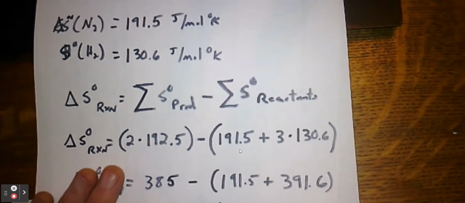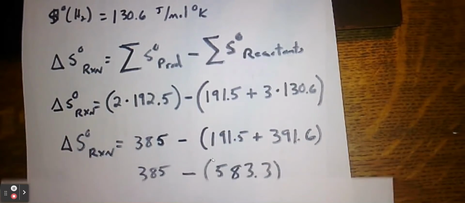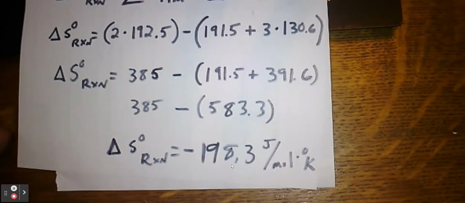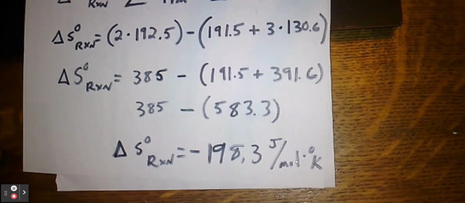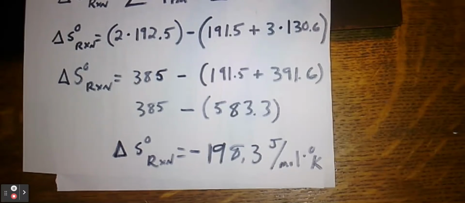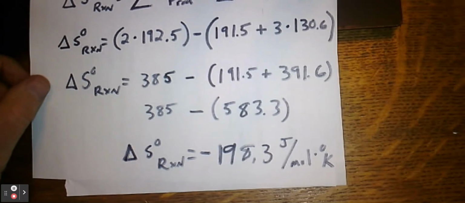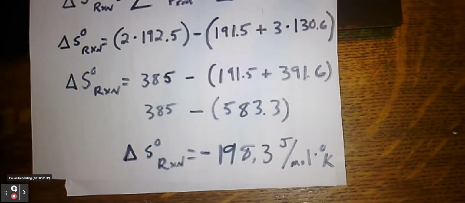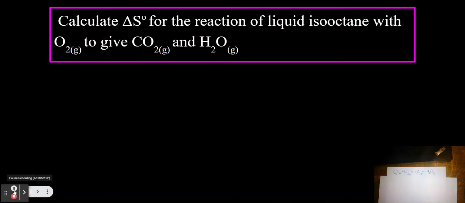And then I do it and subtract, and my entropy change becomes negative 198.3 joules per mole per degree Kelvin. So that is telling me that I lost entropy in that reaction.